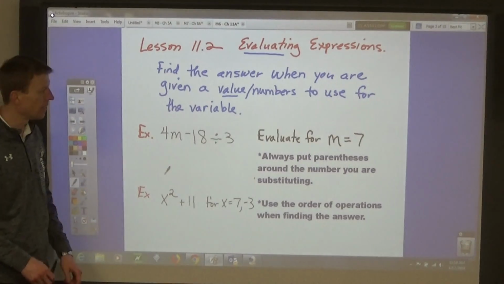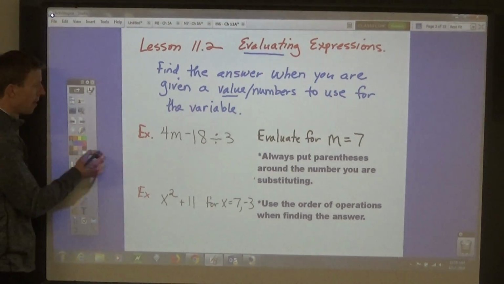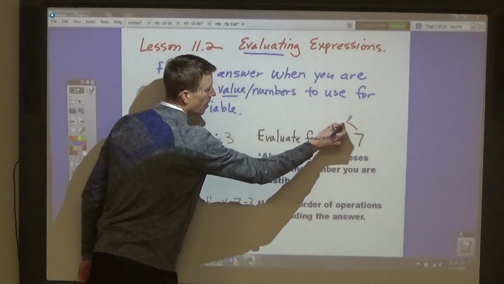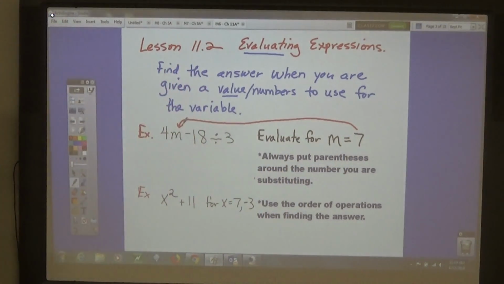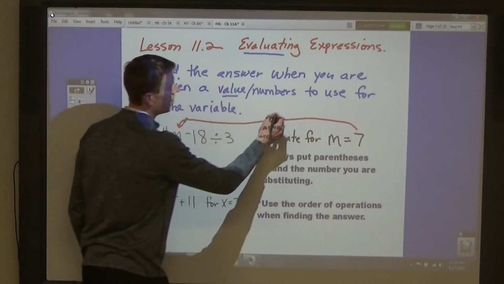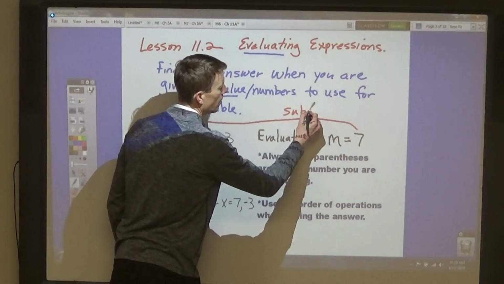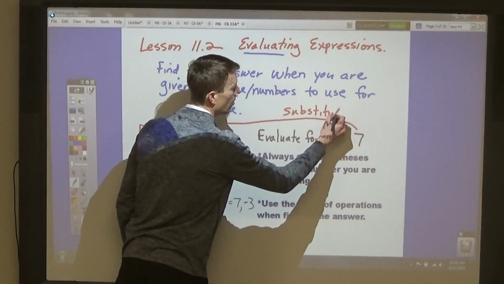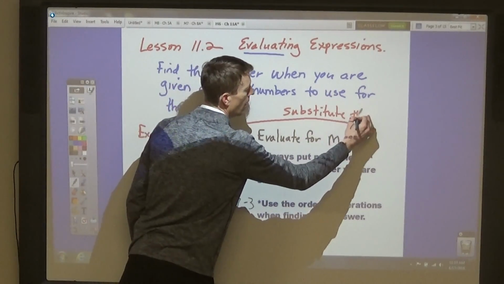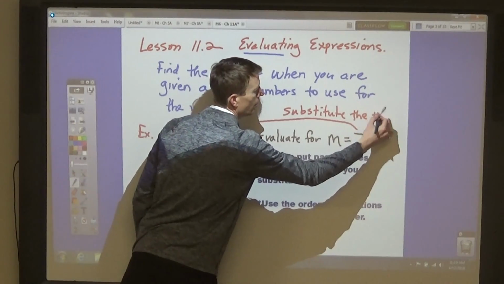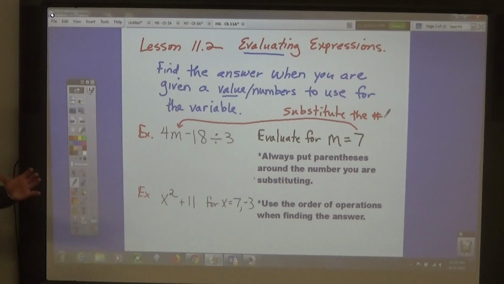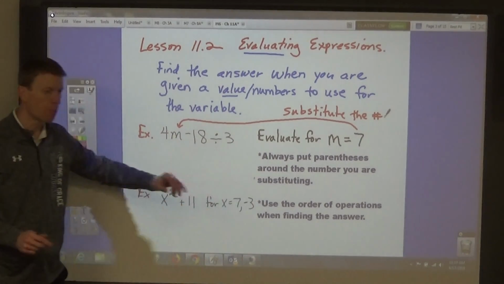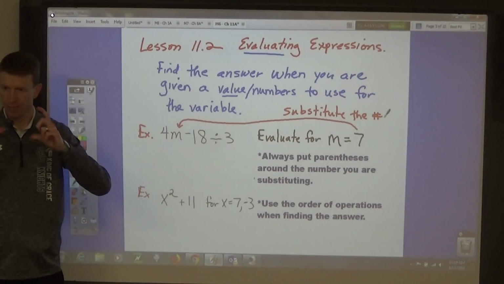The process is to put that number into the expression in place of the variable, which we call substituting. Substitute a given number. And whenever you are substituting the number, you should put parentheses around it.